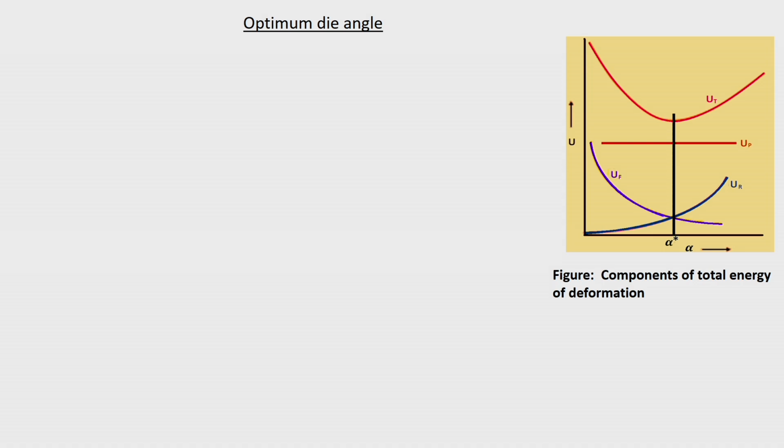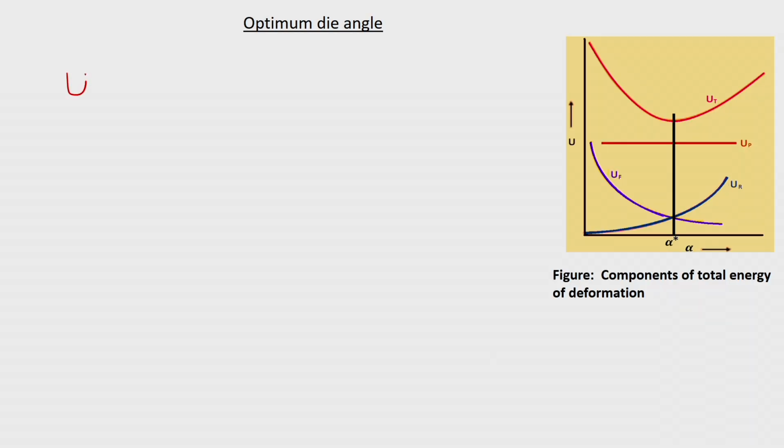Now, when you consider this, there are 3 factors. One is the homogeneous deformation, where there is no friction, there is no redundant deformation. If you just pull the wire, how it is happening and what is the energy required for that. So, that is called the work for plastic energy.